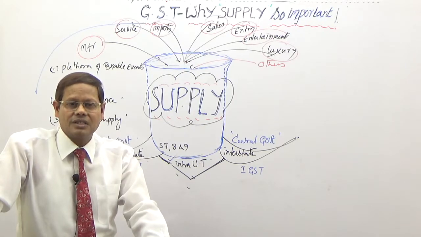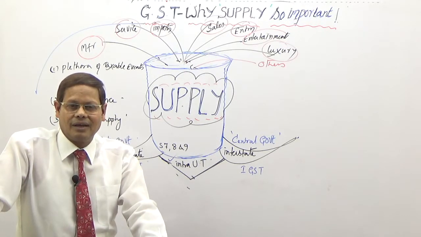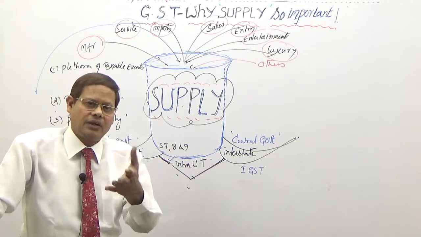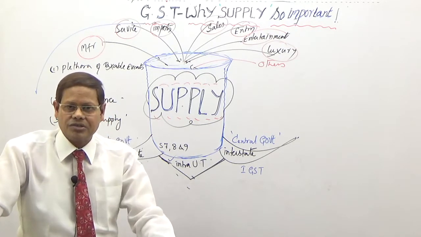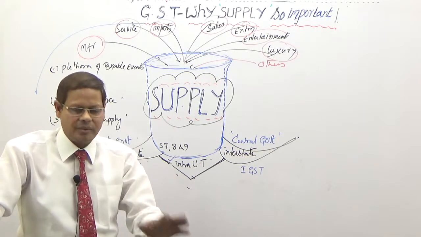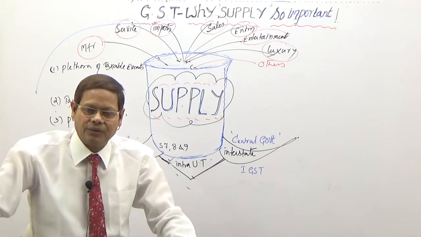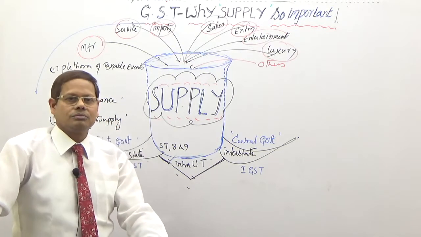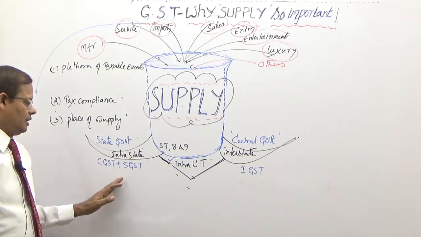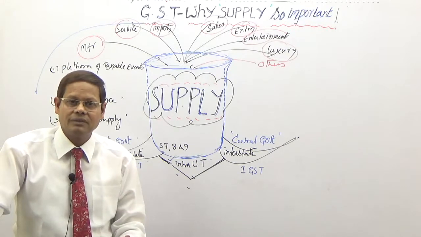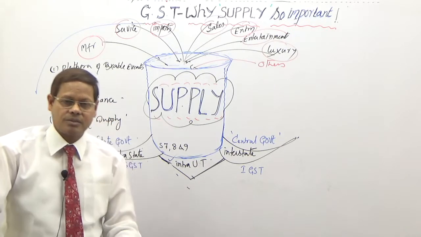Where the supply took place, the place of supply is so important, I tell you. You should be very careful. If you are working in an industry, or you are a professional, or you are a student, it doesn't matter. It doesn't spare anyone. You ought to understand very clearly whether the supply was made in a taxable territory or non-taxable territory.